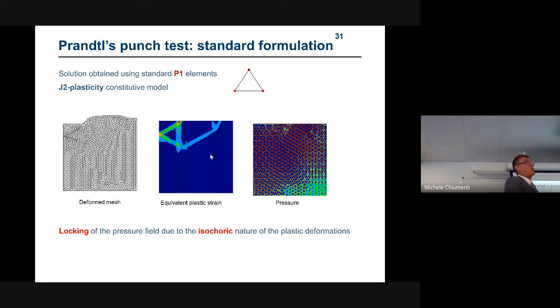You can try it. Another very easy example: you just push a rigid block, and you can see that the pressure is completely locked. Due to the locking of the pressure, you have a solution in terms of strain localization which is also rubbish, and typically mesh dependent.